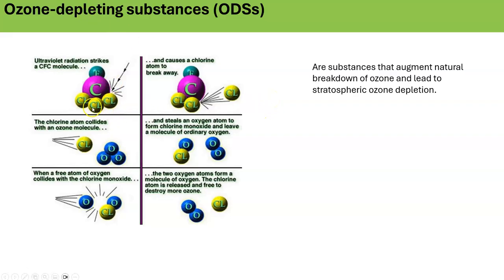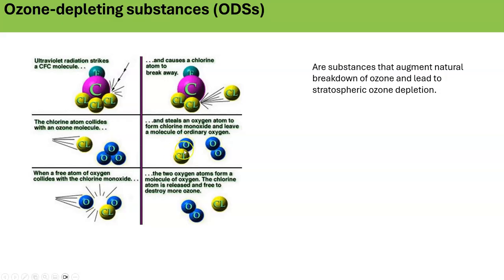Some of these will have, for example, chloride atoms on them, and the chloride atoms will interact with the ozone molecule and steal one oxygen atom from it and lead to oxygen gas, which is a stable thing.